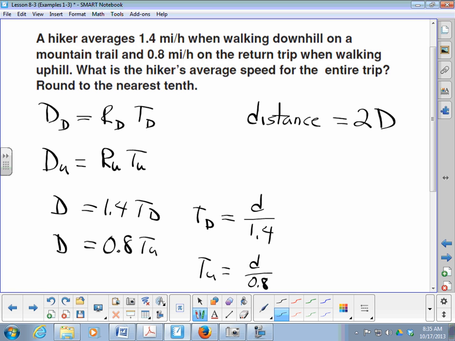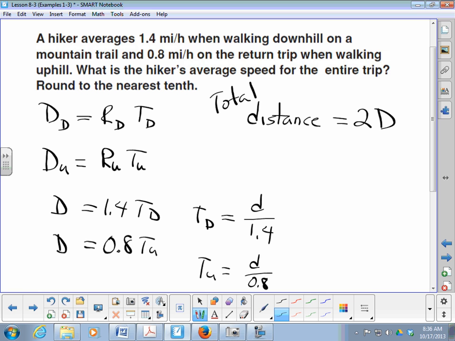So my total distance was 2D. What's my total time then? To find my average speed, I need the total distance divided by the total time. That makes sense?